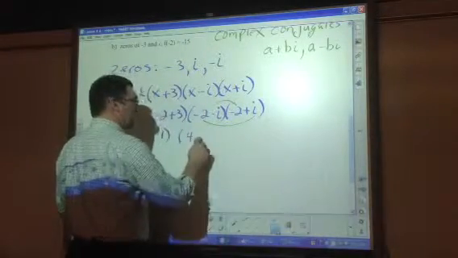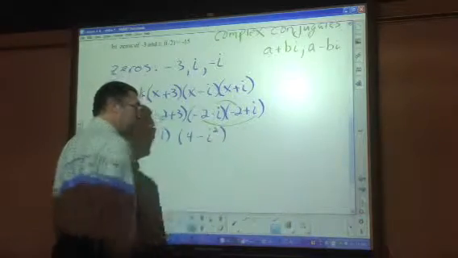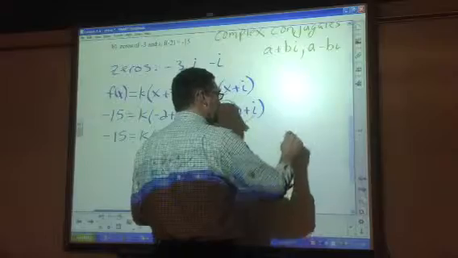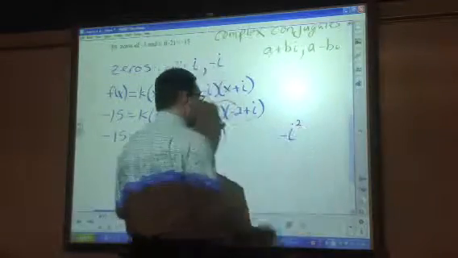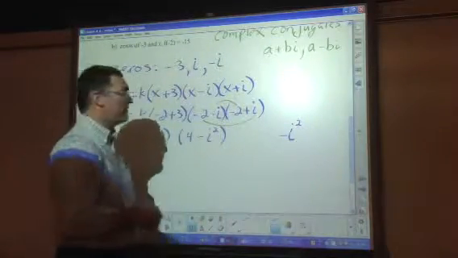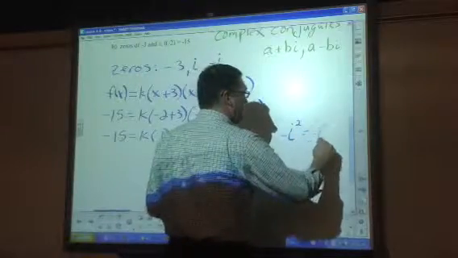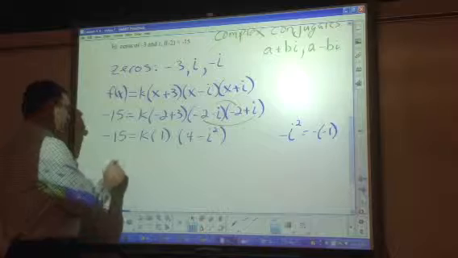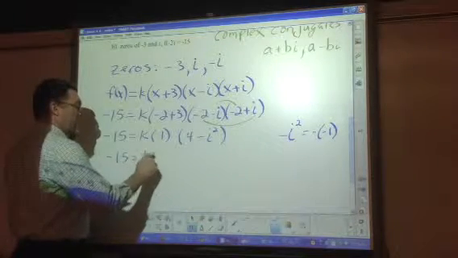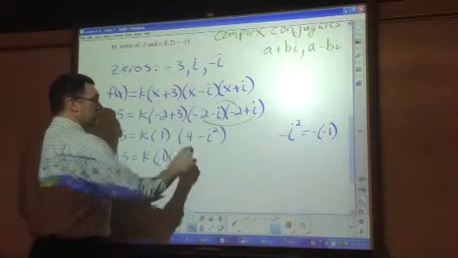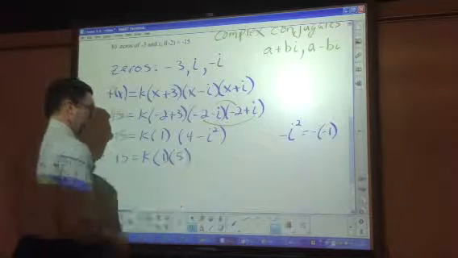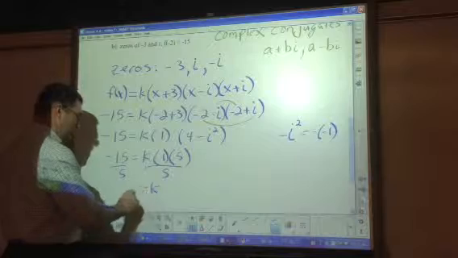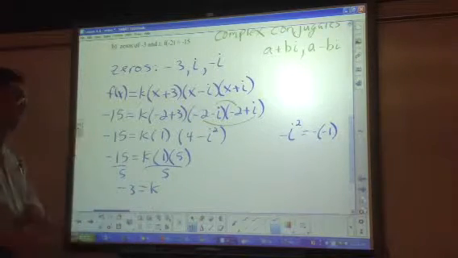So I'm just left with negative i squared. And if you remember from our earlier study with complex numbers, i squared is equal to negative 1. So this is the opposite of negative 1, so 1. So we've got negative 15 equals k times 1 times 4 plus 1, which is 5. So we divide by 5, and k equals negative 3.